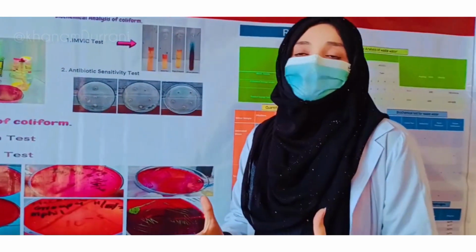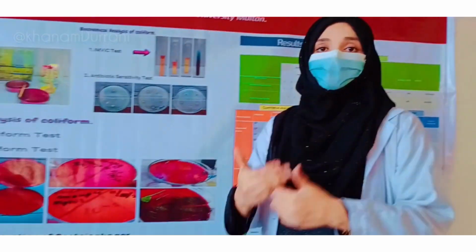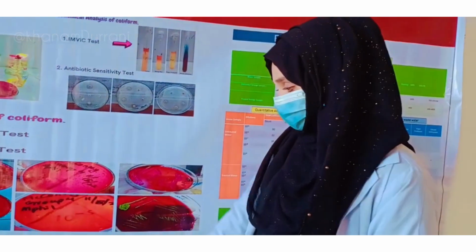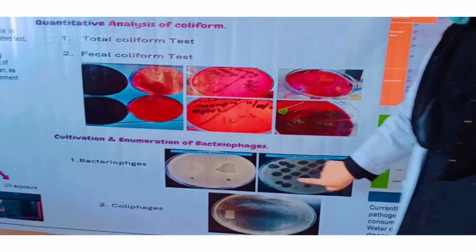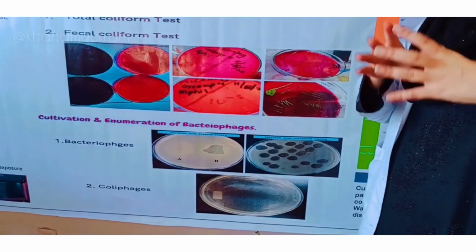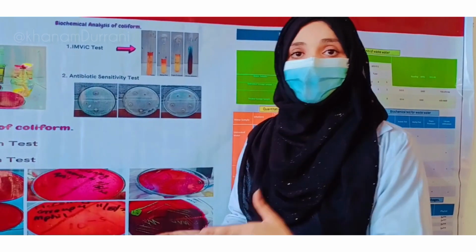Our first step was to make dilutions in tryptone broth. For this purpose, we made colonies from tryptone agar, and then we made dilutions in tryptone broth using the untreated and treated water samples.